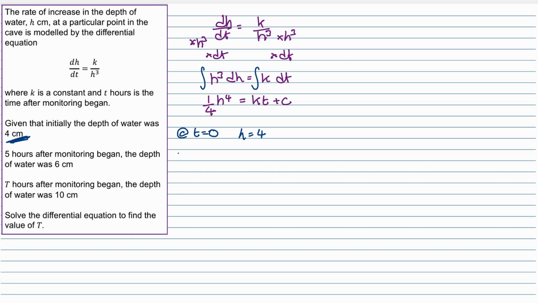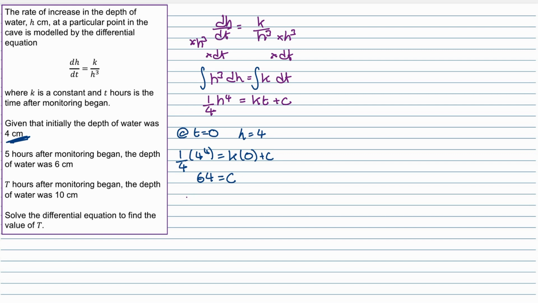We'll substitute in the values, so we'll have 1/4 of 4 to the 4 will equal k multiplied by t plus c. So we'll have 1/4 of 4 to the power of 4. This will give us 64. The k term will go, and that will equal c.